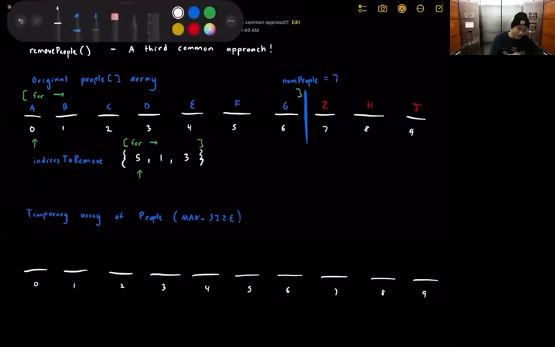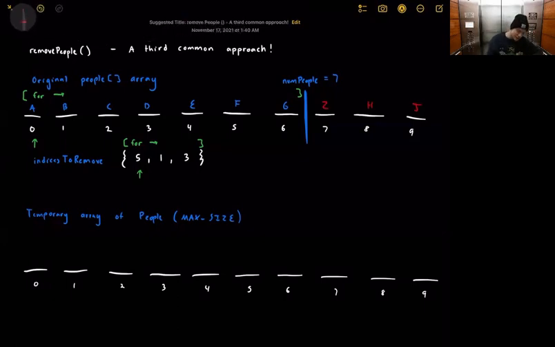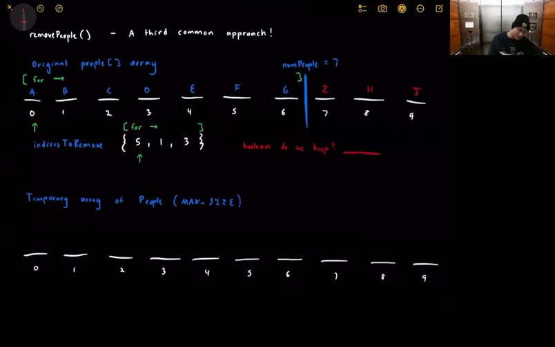Okay, we're going to need two more things to make this a little bit easier for ourselves. One thing that might be useful is a Boolean, right? And that's going to let us know whether or not we want to keep this person. So we're going to say Boolean, do we keep? And for this approach, we're always just going to assume yes. And we'll see how that works in a second.